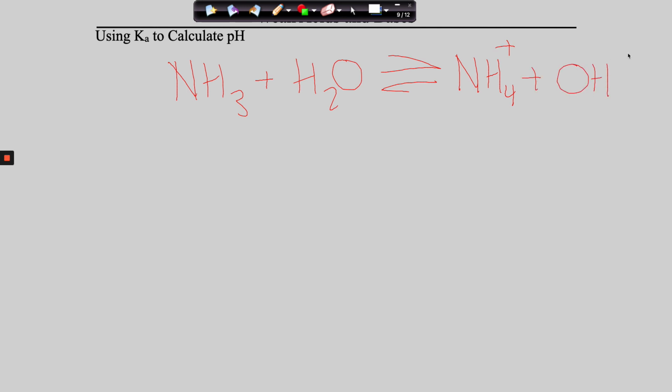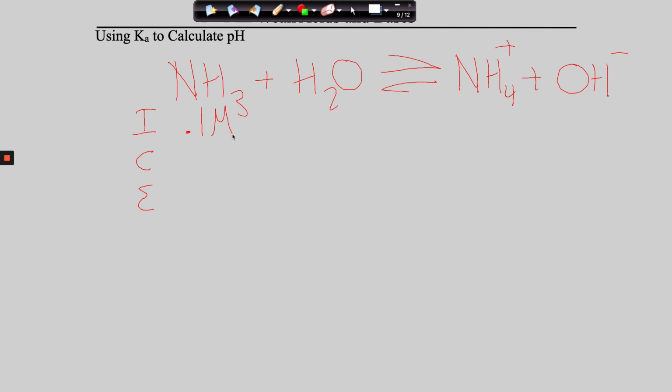So how on earth do we figure out how to study something like NH3? You don't need to write this down, but watch. Imagine that we've got an ice box and it tells us that we have 0.1 molar ammonia.